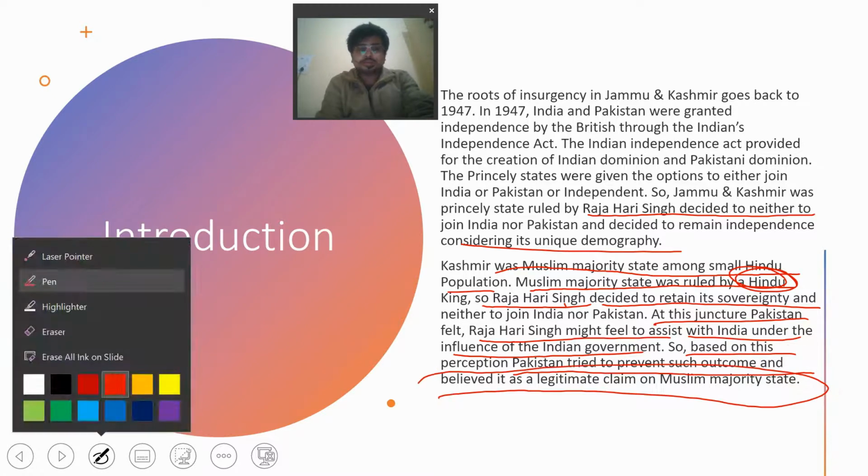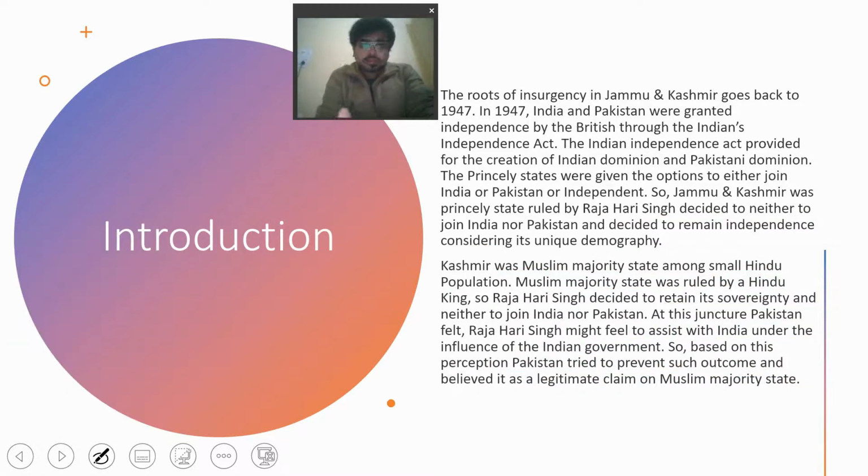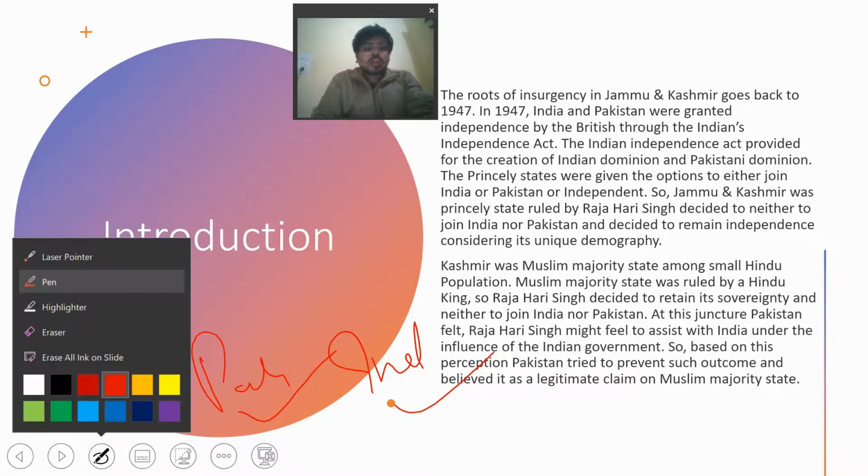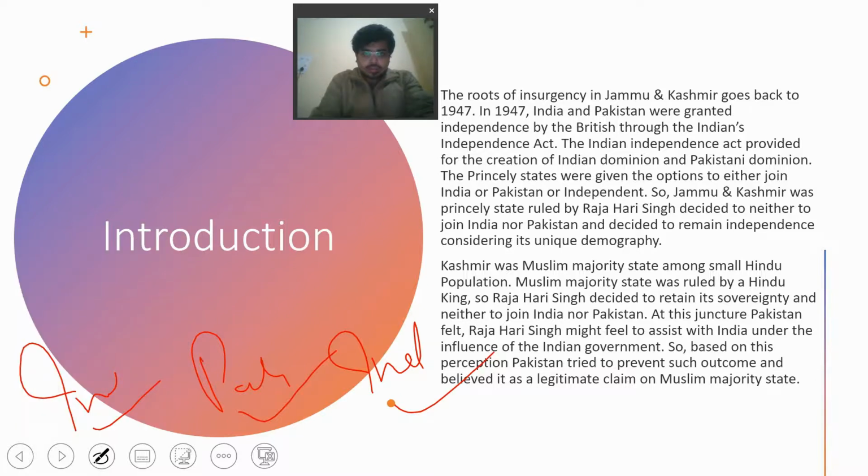The decision was given to the princely states: whether to join India, join Pakistan, or remain independent. These were the three options, and Raja Hari Singh opted to remain independent.